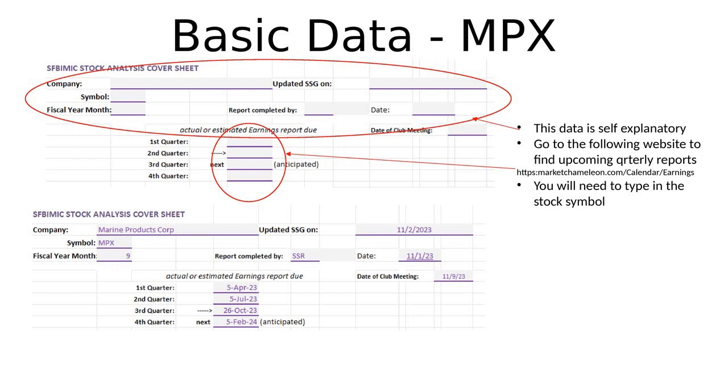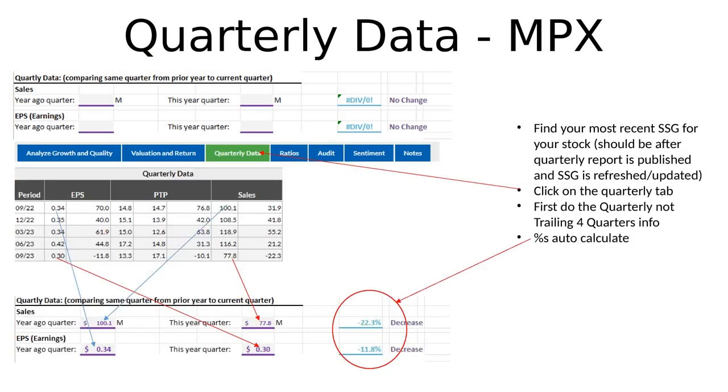And I've shown you where you can find these quarterly report anticipated dates, marketchameleon.com/calendar/earnings. You'll be able to find all those things. Type in the ticker and it shows you.